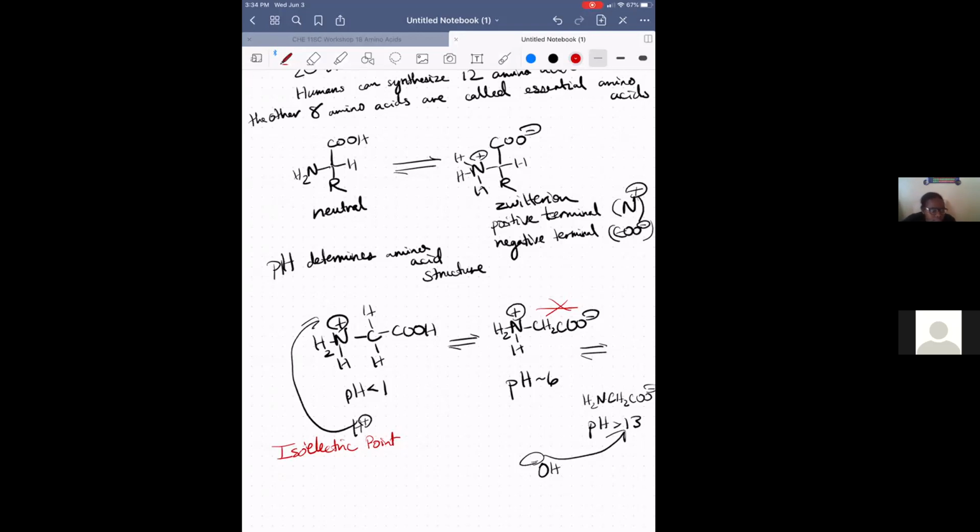The way that we'll calculate it is we look at our amino acid, and if there are no ionizable groups, we'll just take the average of the two pKa's of our different sites. If we have acidic chains, we'll take the average of our two lowest pKa's. And if we have basic chains on our amino acid, we'll take the average of our highest pKa's. So that's a verbal way to describe it.